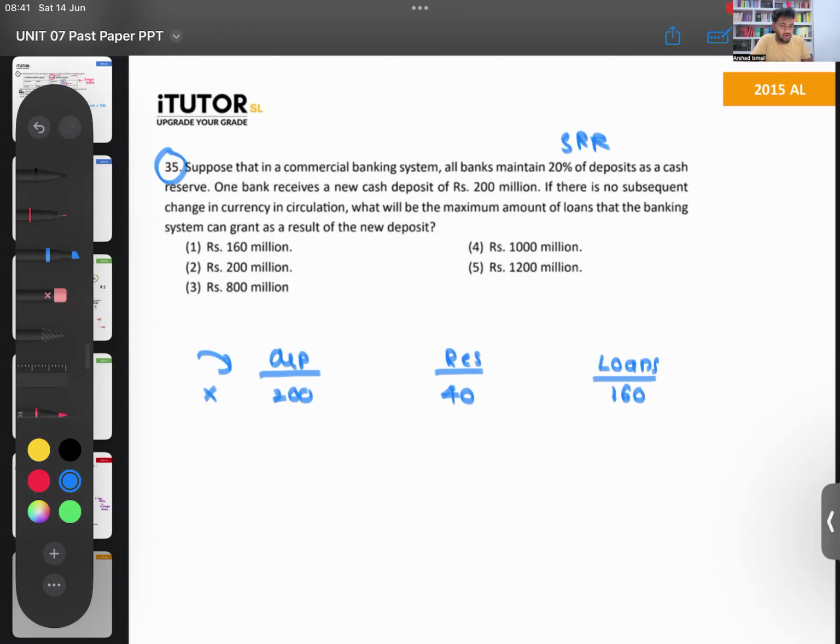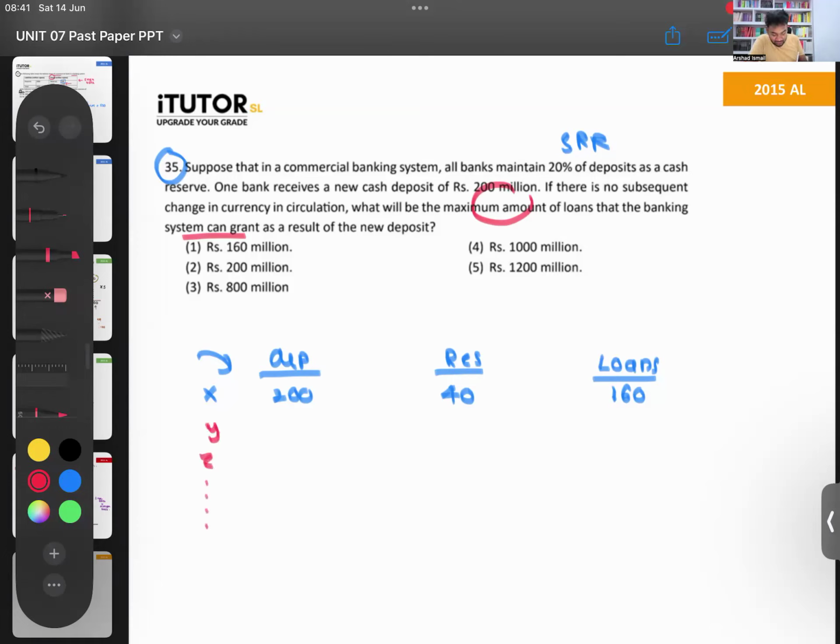Are they asking you how much of maximum loans Bank X can give, or this single bank can give? That is not what they're asking. They're asking what is the maximum amount of loans the banking system can grant. So the banking system means all the banks put together.